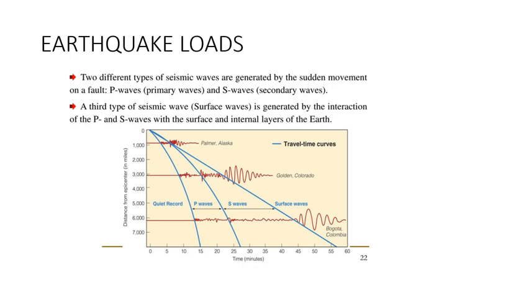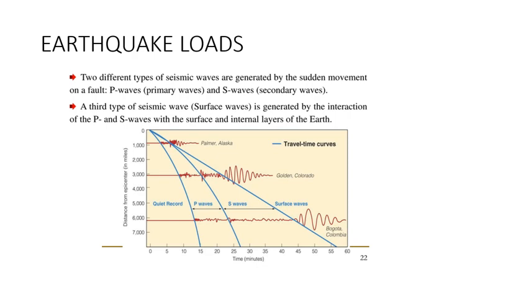Now, for earthquake load, we have P waves and S waves as we studied in our previous slide. Here we have shown three earthquakes: one is Palmer, Alaska, another is Golden, Colorado, and another is Bogota, Colombia.